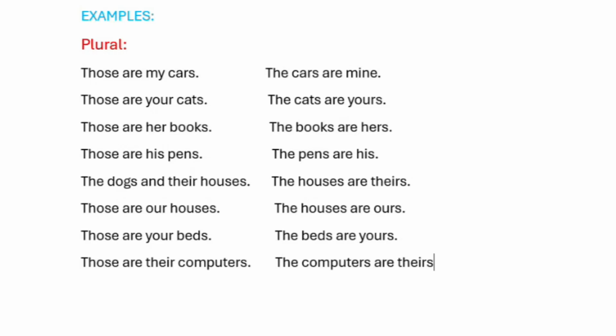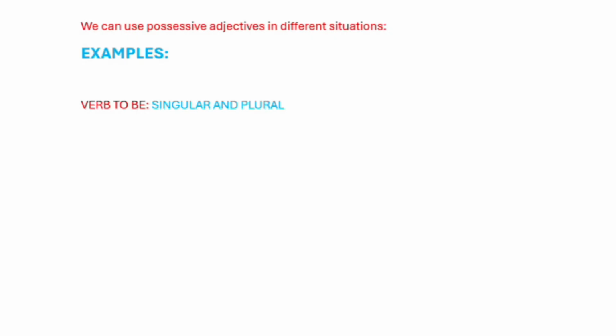And these are the examples in plural form of the examples that you saw before that they were in singular form, right? Remember, singular and plural. This is the continuation of the video before where I explained how you can make some sentences using possessive adjectives and also the possessive pronouns.